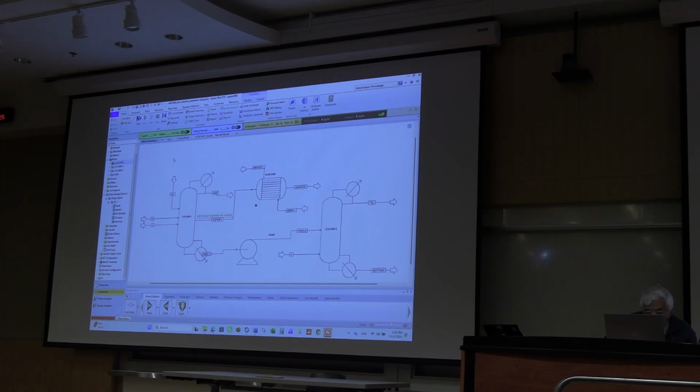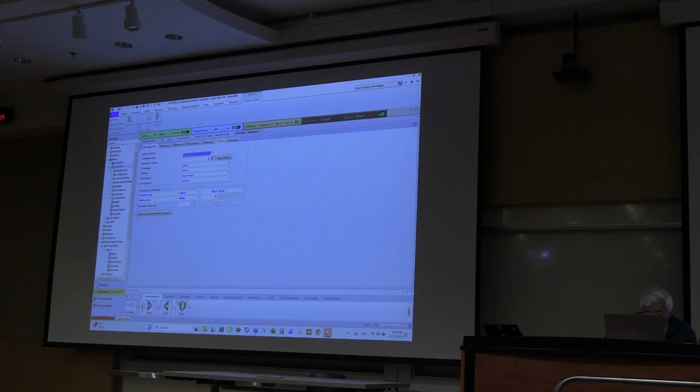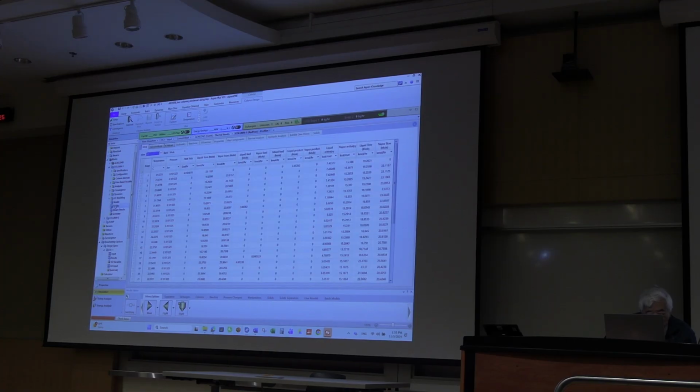Why is it a pseudo stream? First, recognize there are 35 stages. You go to the profile, top of the condenser.